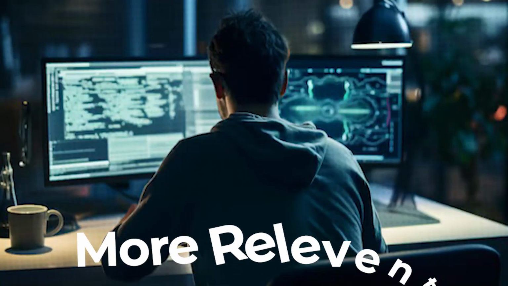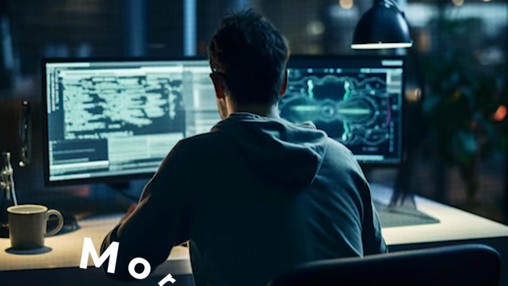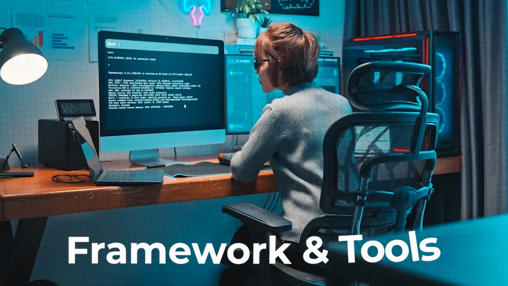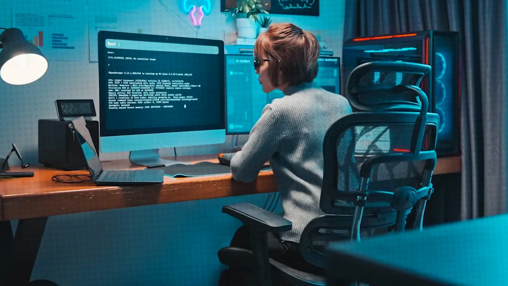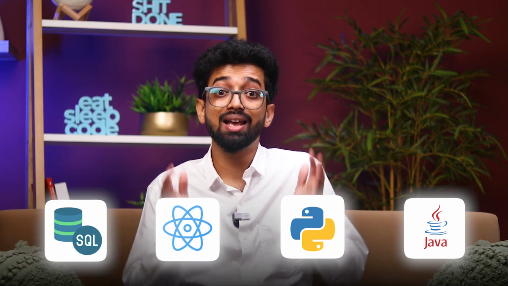Coming over to the skills section now. Basically, it is the section where you get to flaunt your technical toolkit. You can make it more relevant by including programming languages, frameworks, and tools you are proficient in, like Java, Python, React, SQL, etc. You also need to categorize the skills so you can group similar skills together.